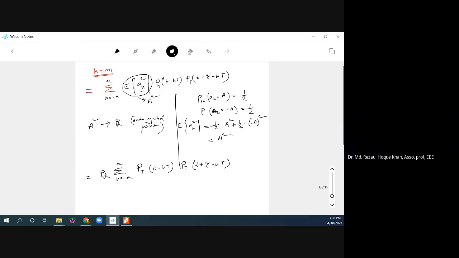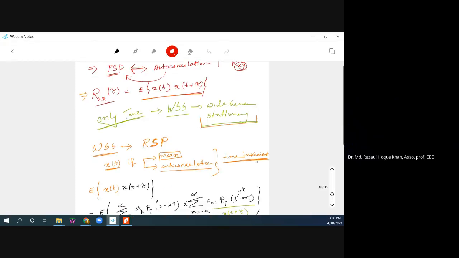Now this part is time dependent, so it depends on t. We got it from the expected value of this one.